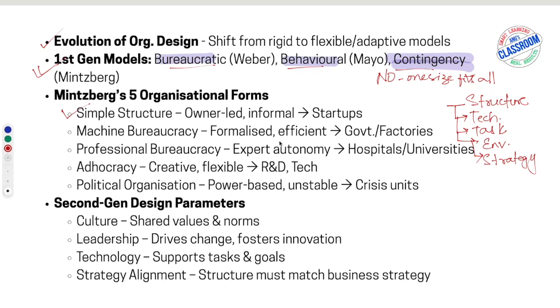Definitely, you will go for something that is more formalized and efficient. Or maybe you are going to set up some, let's say, bottle manufacturing plant or something like that. Then definitely it will be better that you pick up a machine bureaucracy, because it will be much better if your organization follows strict rules, formal procedures, and a clear hierarchy.